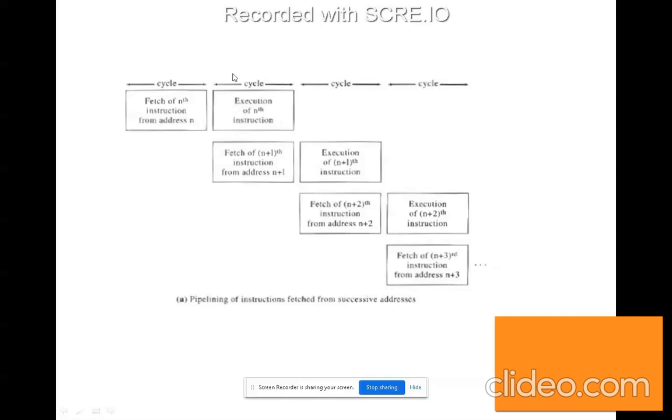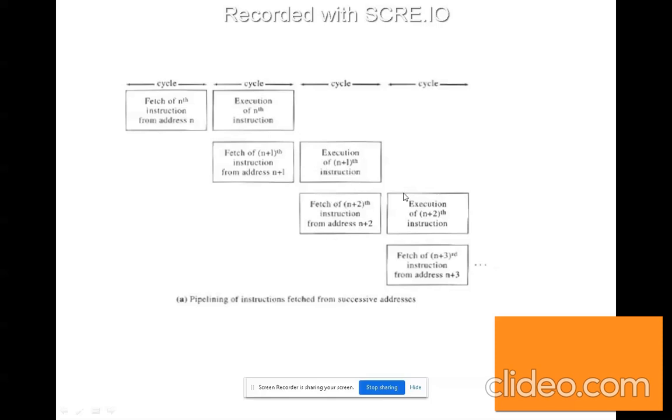So during that time period what will happen, you will be fetching the second instruction. So in this way you are going to save the time. So only one cycle will be required for executing a single instruction. During the second instruction's execution time, you will be fetching the third instruction.